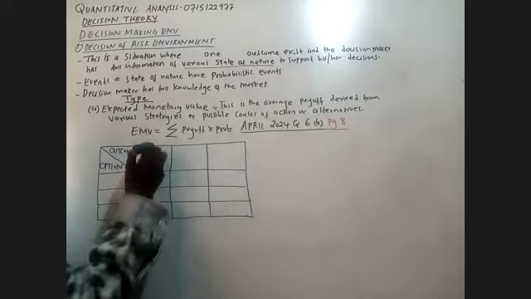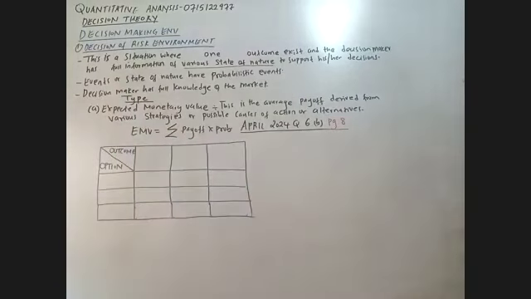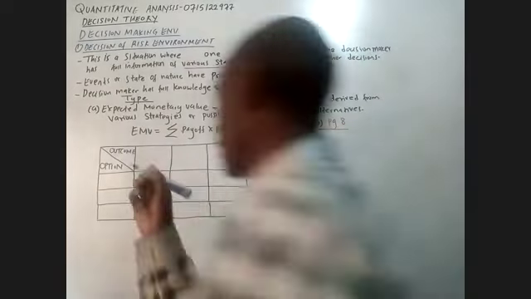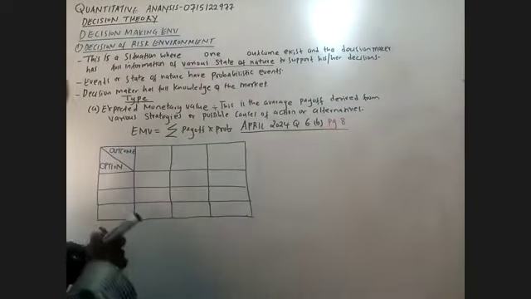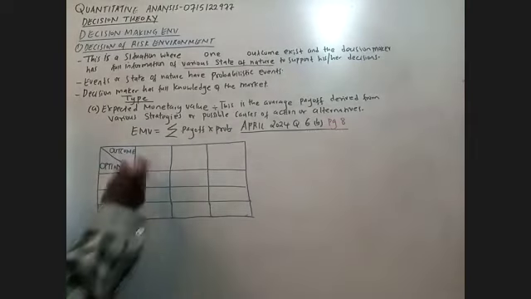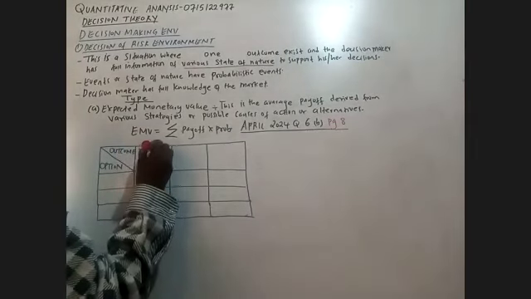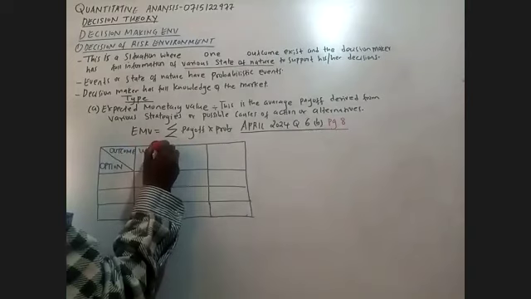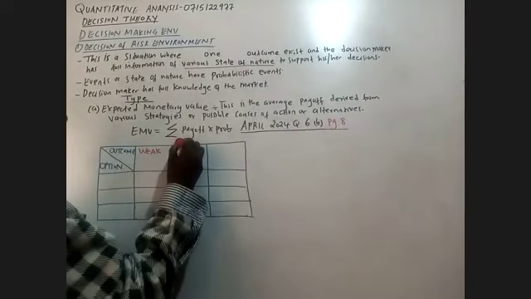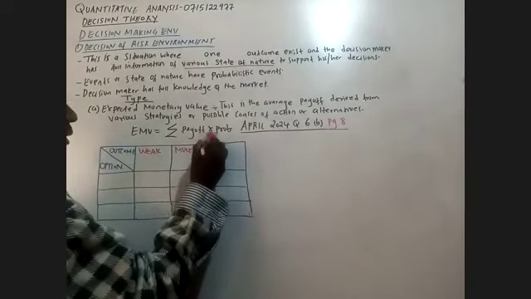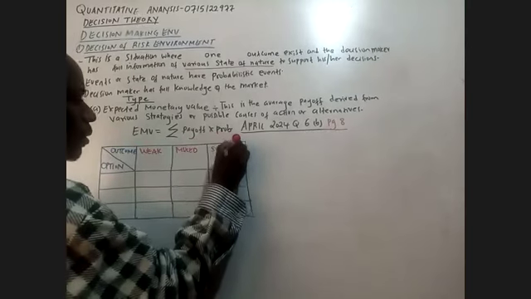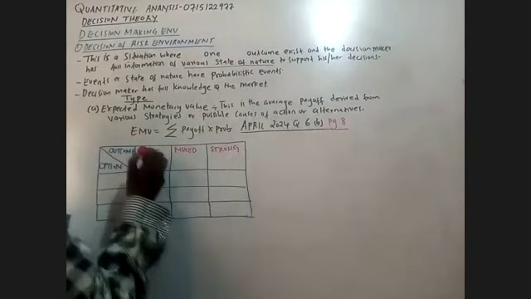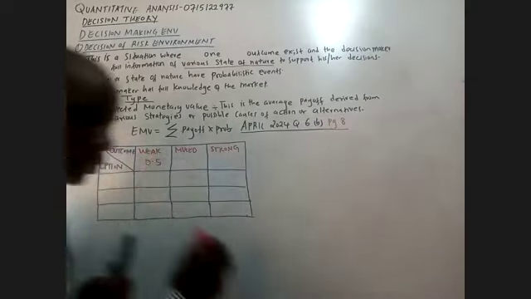They said we have weak, mixed, and strong. Weak they said is 0.5.